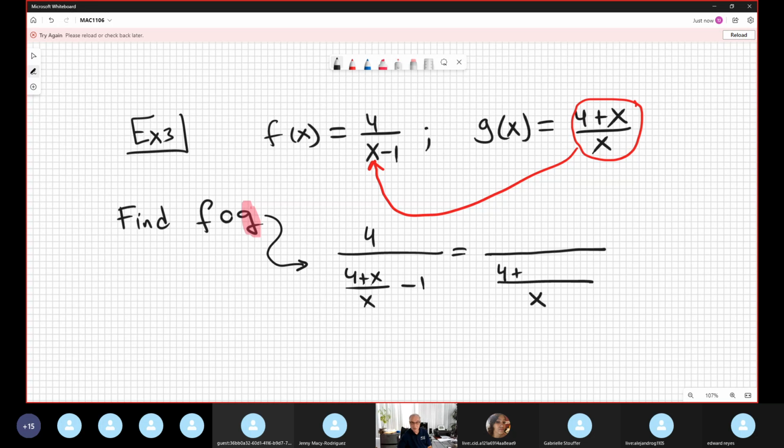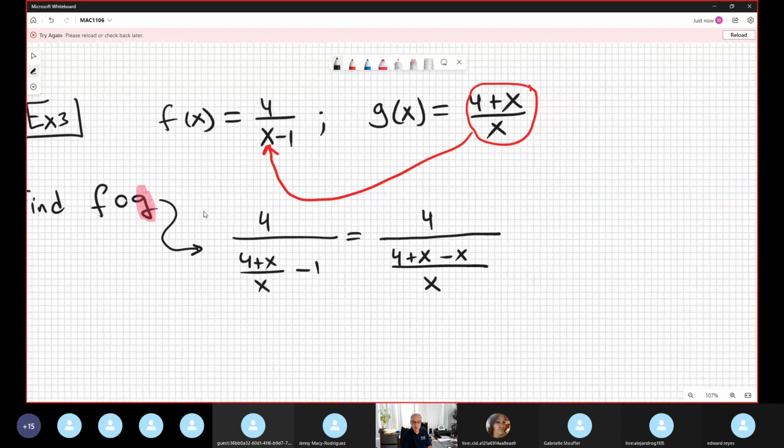It is 4 plus x minus x, because this x times 1 is minus x. Wow, something weird happened here. This x is cancelled out, and we have 4 divided by 4 over x. Again, we have a fraction.